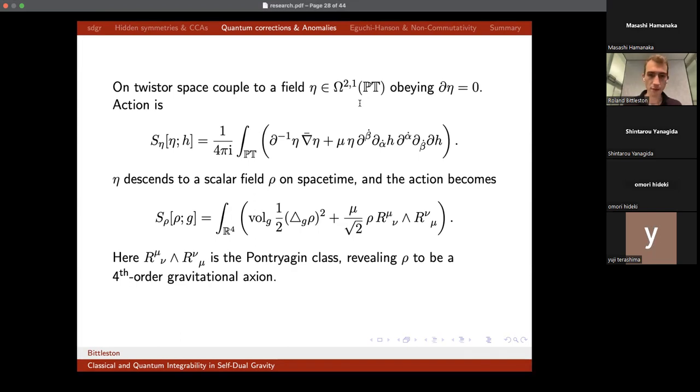In view of the time, there's a little bit more I want to say about curved backgrounds, so I won't go through this slide in too much detail. Here I'm just writing down what this extra degree of freedom looks like on twistor space. It takes this rather unusual form on twistor space. It's not really clear where this comes from unless you go and look at what the anomaly cocycle looks like, so the BRST variation of that box diagram on twistor space.